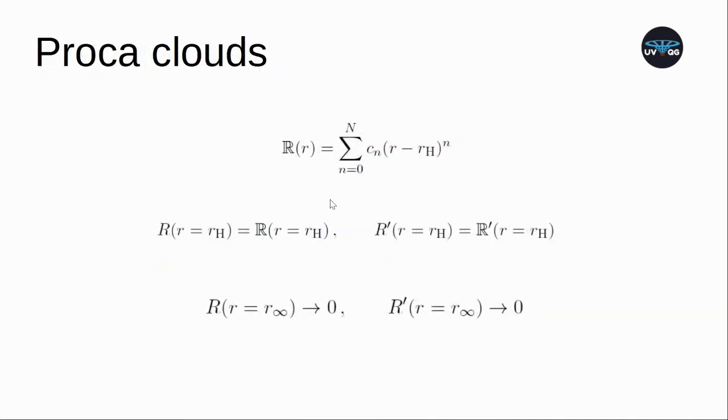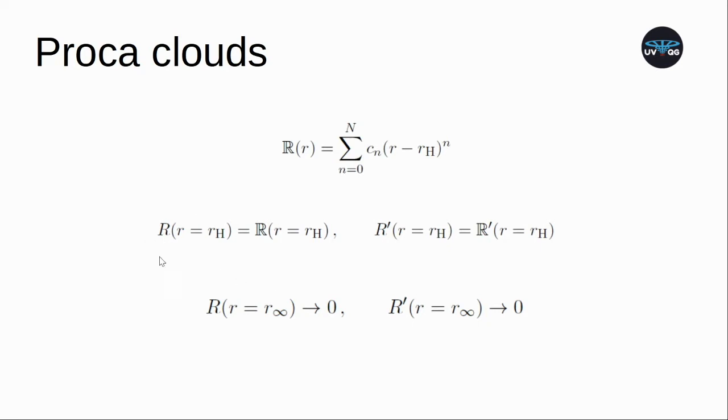Now we only have to solve the radial equations, since we have expressions for the separation constant. In order to find the boundary condition at the horizon, we consider this expansion. We substitute this expansion in the radial equation and solve it order by order in order to find these coefficients.